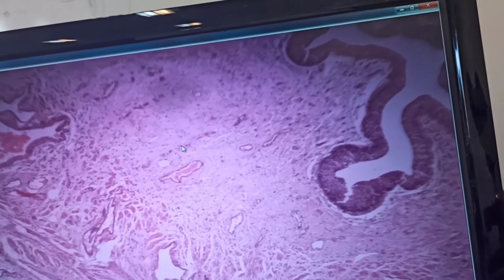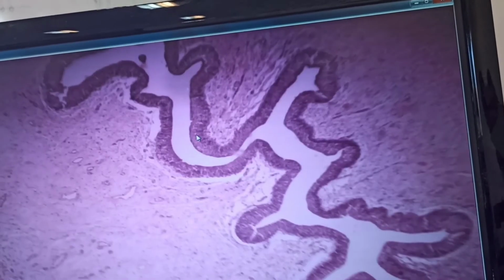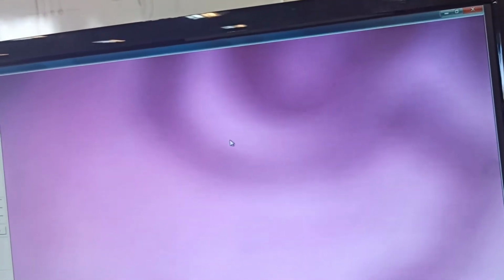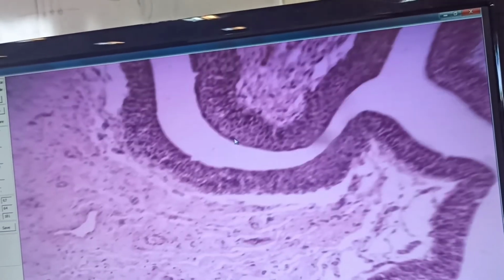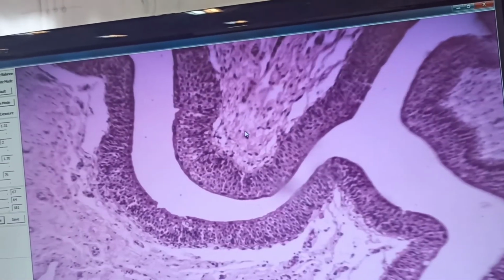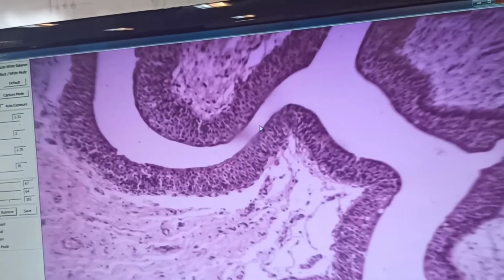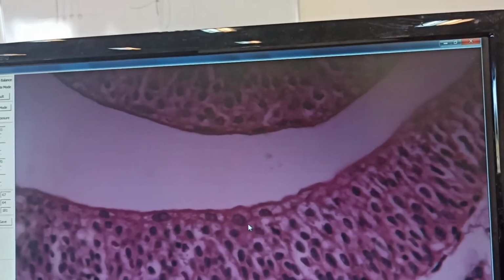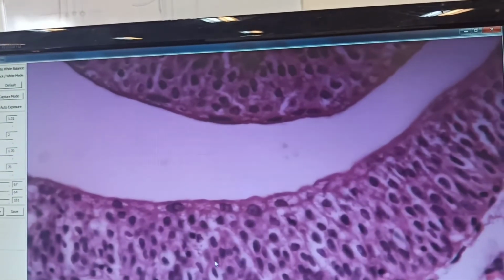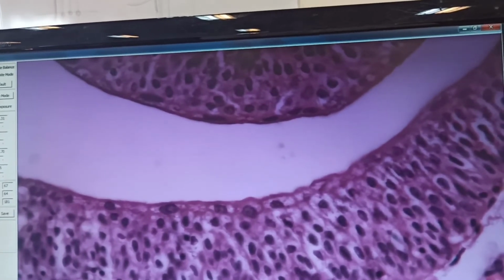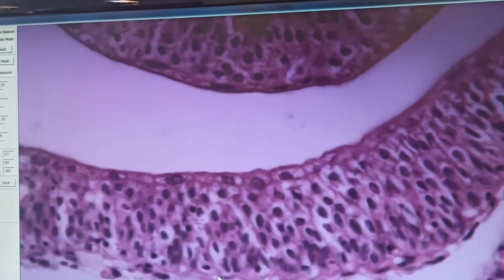Mucosa. About the type of epithelium: the epithelium in the ureter is the transitional epithelium. Transitional epithelium is a stratified epithelium.